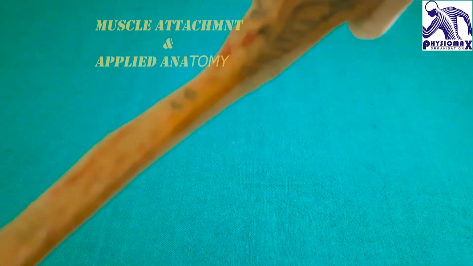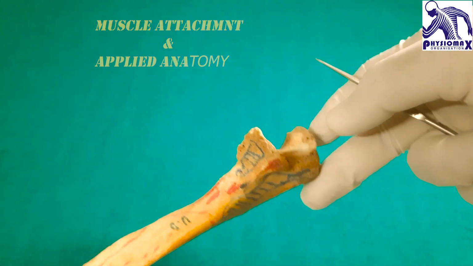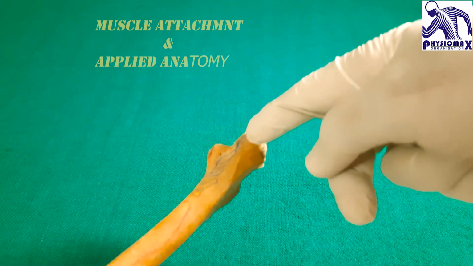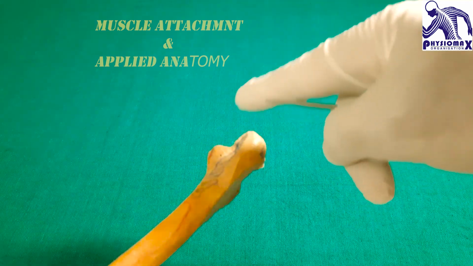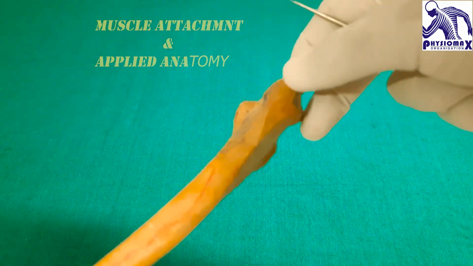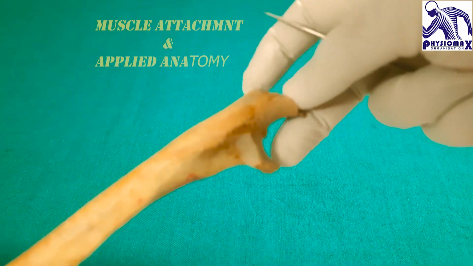As you have seen in this ulnar bone, this is the olecranon process. The first muscle we'll be seeing is the insertion of the triceps brachii. This is the muscle which inserts in this region, on the posterior aspect of the olecranon process.